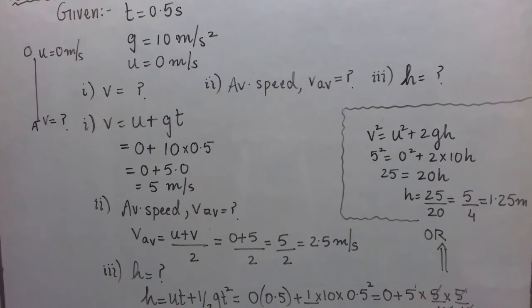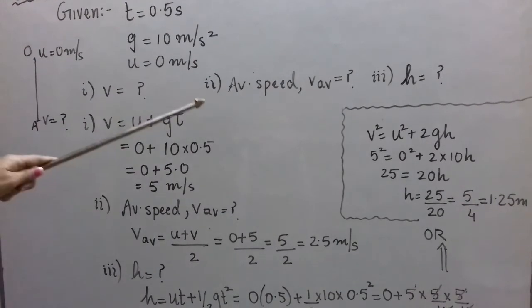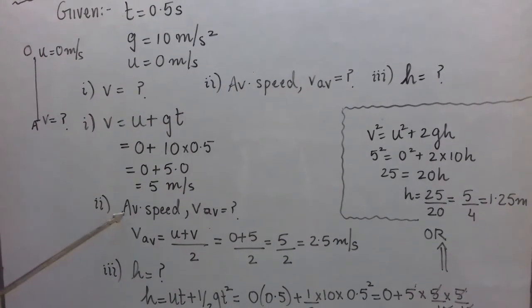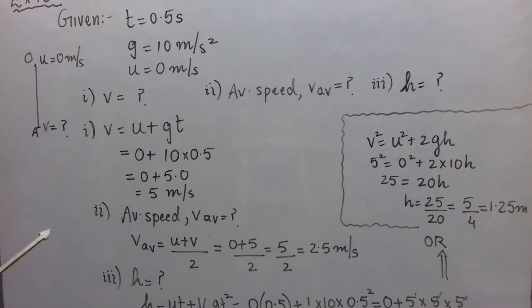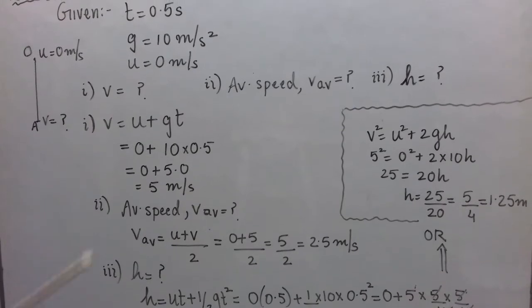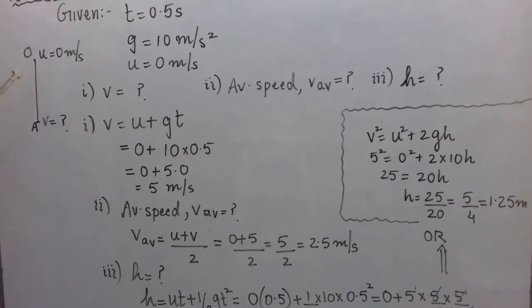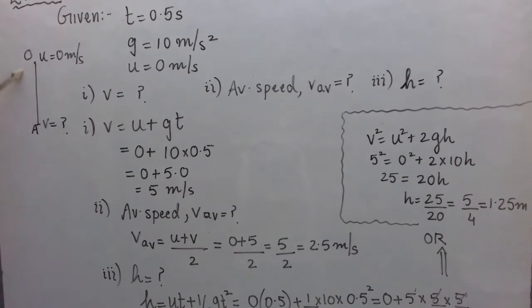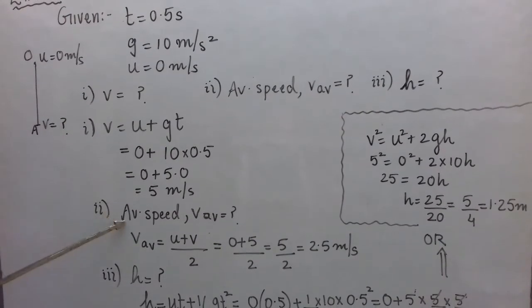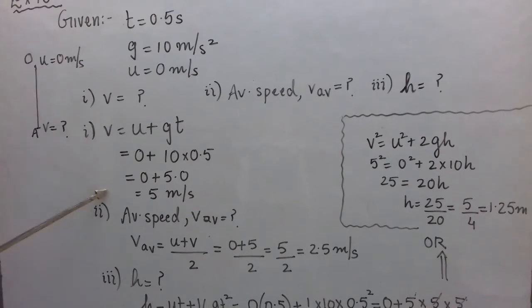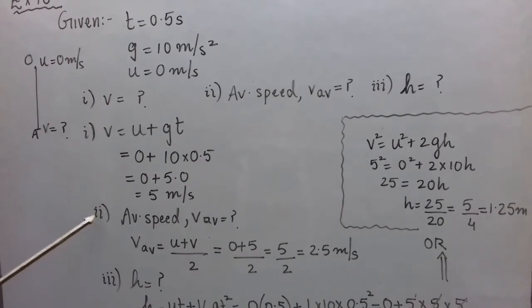Now, the second part is you have to find the average speed. Average speed, the basic formula is total distance upon total time. So when we use that formula, total distance will be the height here. H upon t will give us the average speed, but as till now we have not found H, we'll use the other formula which is valid only and only for uniformly accelerated motion, because then it becomes easier.